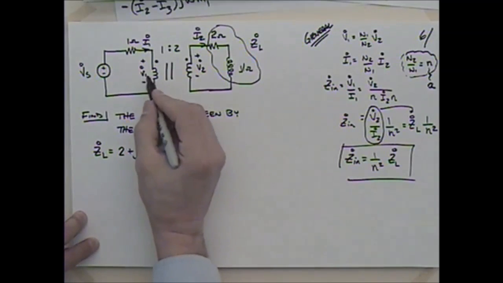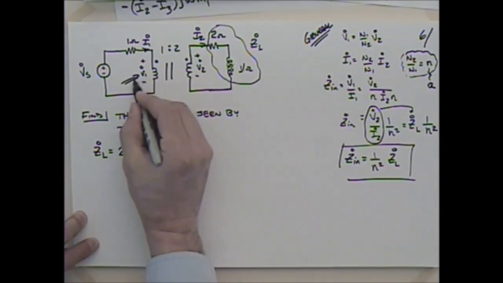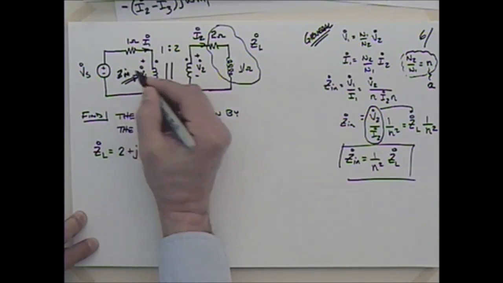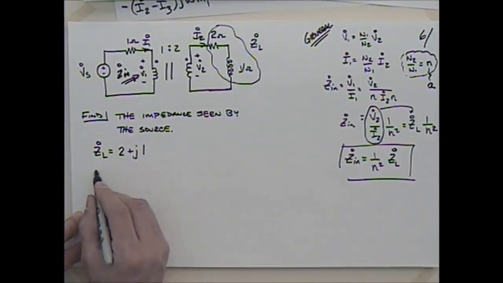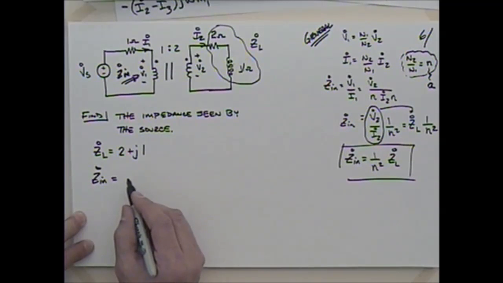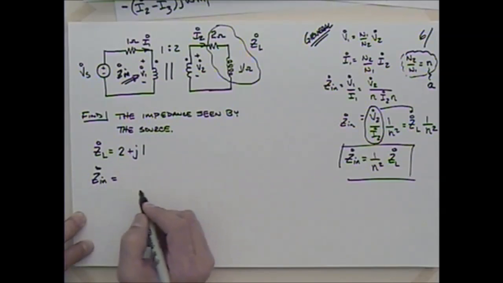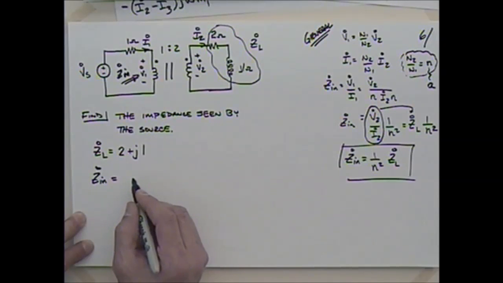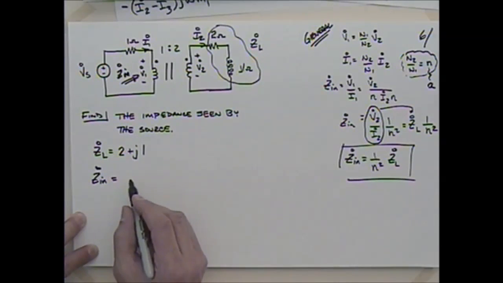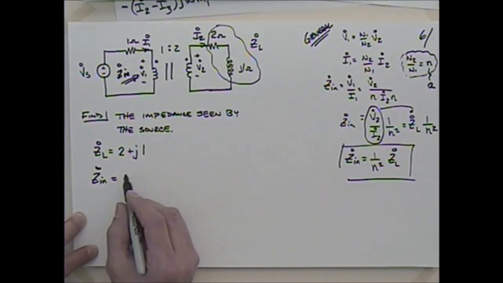So what's seen at this point, if I say that's Zn, I could say that Zn is going to be equal to, using this equation, 1 over n squared.